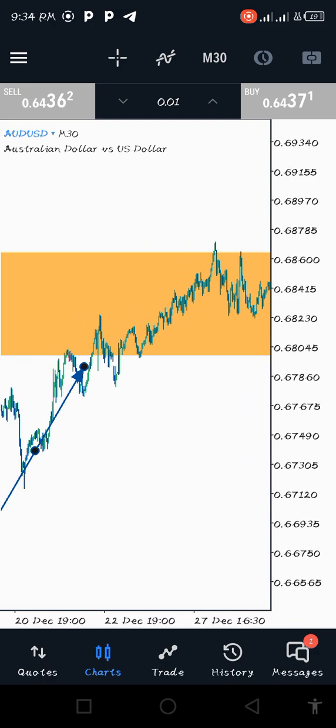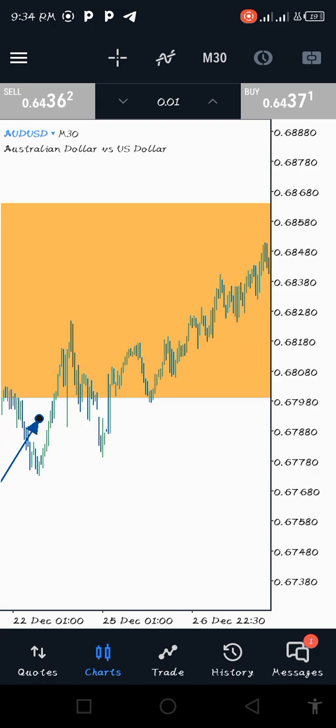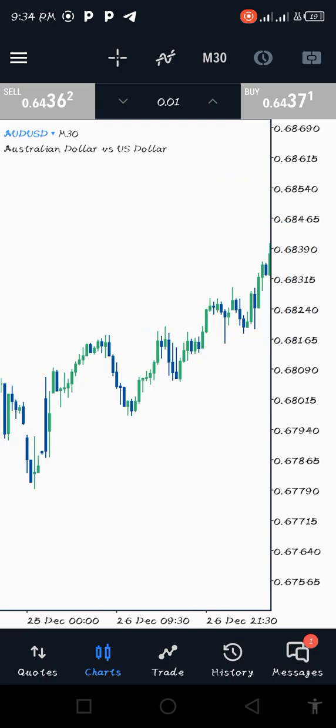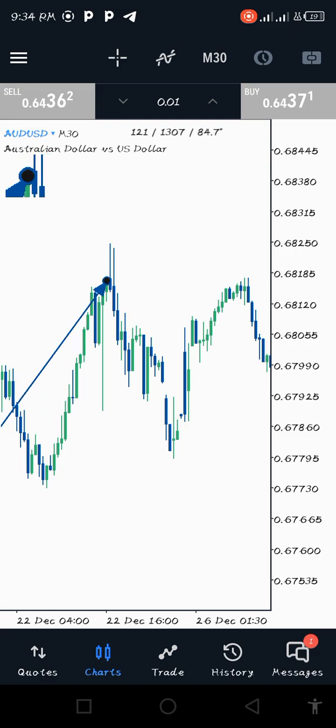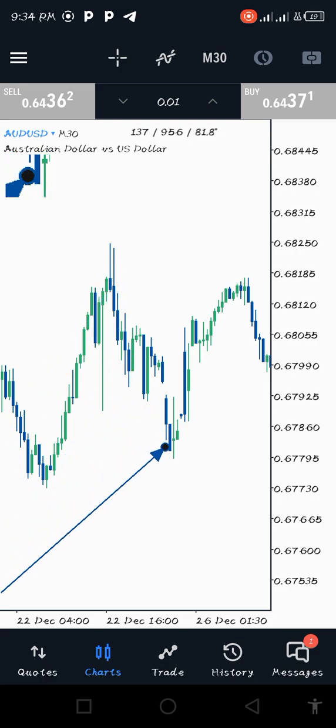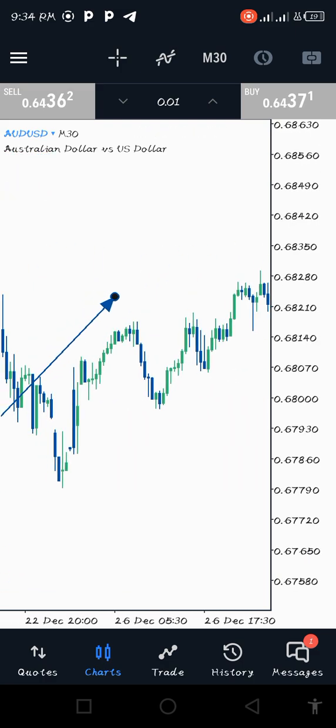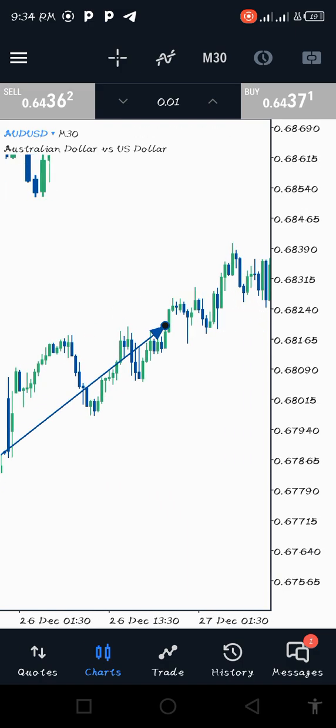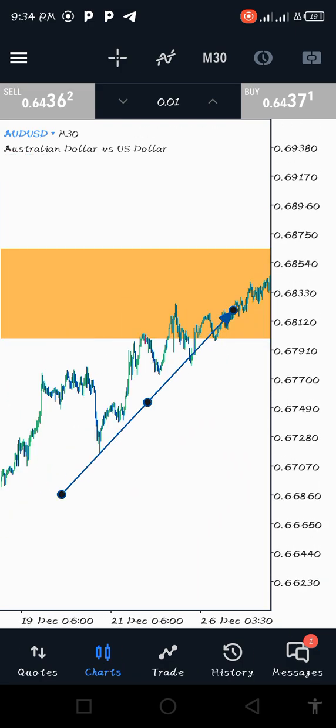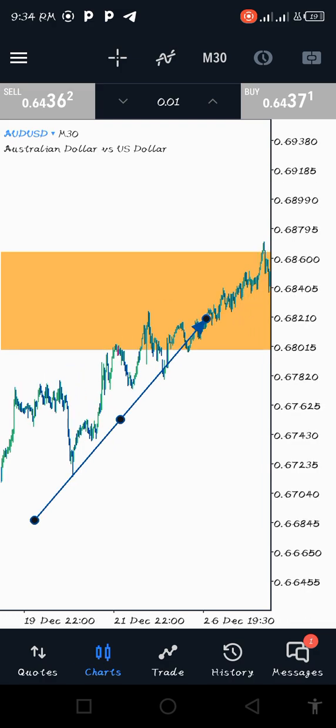If I would be entering my sell opportunities using just pin bars, I could be entering right at this zone, just for price to move down and then come and stop me right here. Why? Because there is no change in character from that zone.